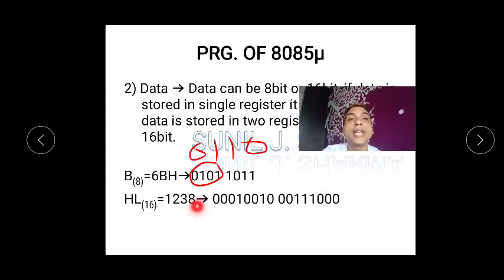Suppose this is your 8-bit data, and this is your 16-bit data, this is 1, this is 2, this is 3, and this is 8. I hope you got it that if the data is stored in 1 register, it becomes 8 bit, and if the data is stored in 2 registers, then it becomes 16-bit data. So I hope you understood what data is also.